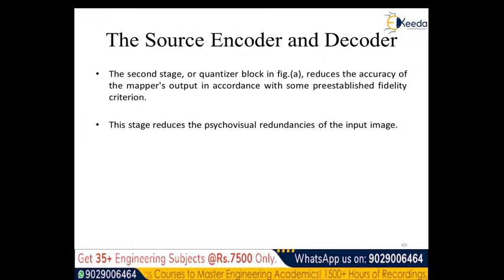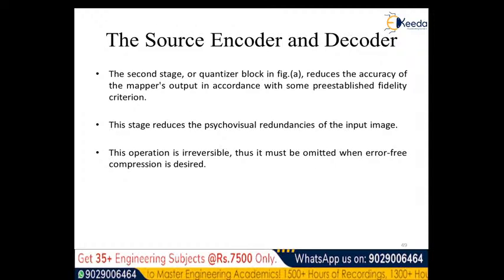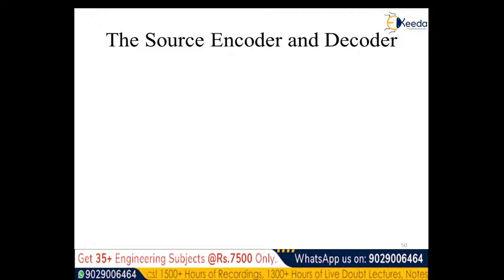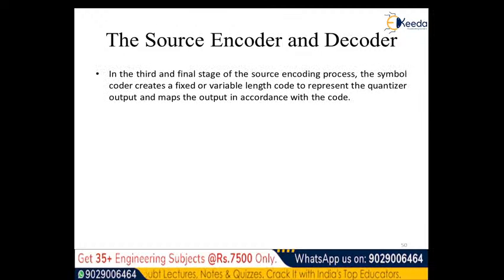Now we have the third and final stage of the source encoding process, where the symbol coder creates a fixed or variable length code to represent the quantizer output and maps the output in accordance with the code. The term symbol coder distinguishes this coding operation from the overall source encoding process.